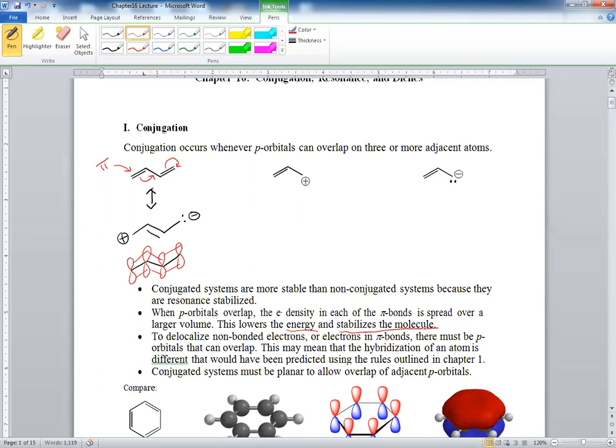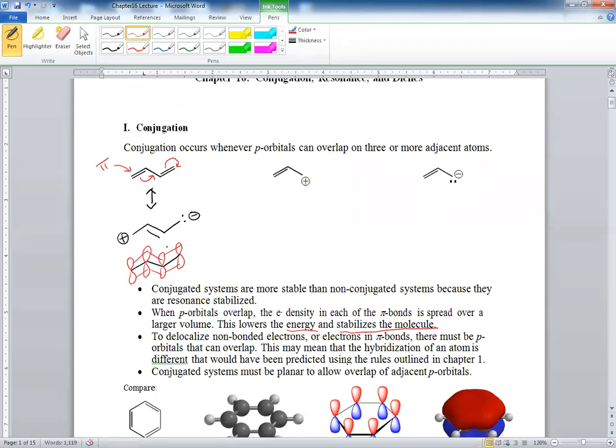You need electron density over a larger area to stabilize the molecule, rather than keeping it in one place. So similar to what we did first, you would like that positive charge not only on one side, but you can actually shift it. Now, again, this is just a simplistic view of resonance.